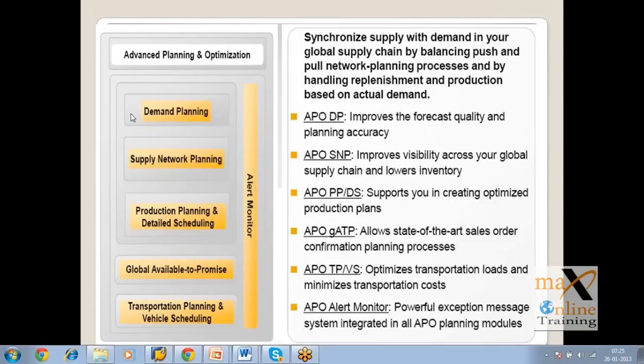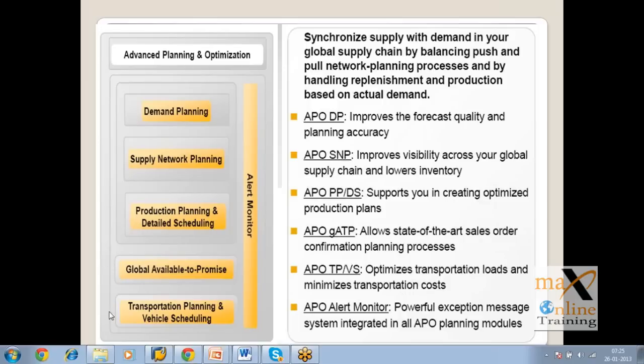Without any SAP background, if you have a fair idea of SCM, you can easily understand these two modules. But to work on PPDS, you should be an expert in the SAP PP module. If you have already worked on the SAP PP module, then only is this module suitable, and it also helps if you have production engineering experience.